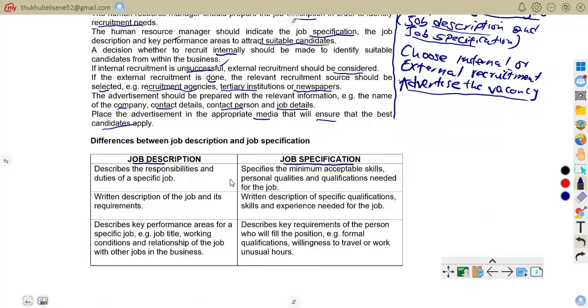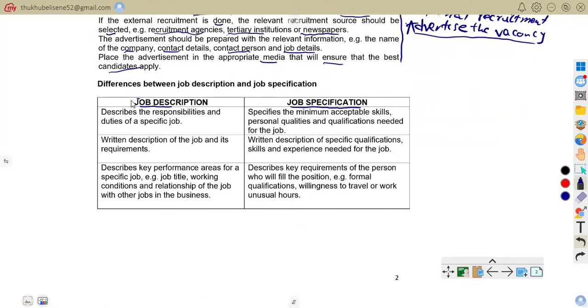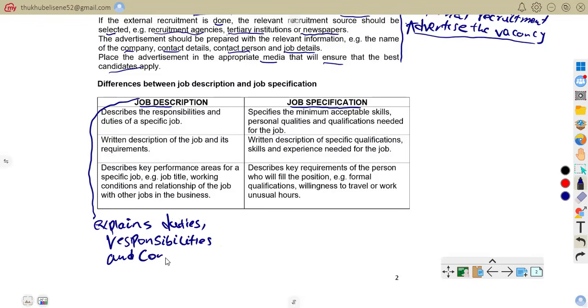Like we have said, when you're talking about job description, it explains duties, responsibilities, and conditions of the job. That's the job description.